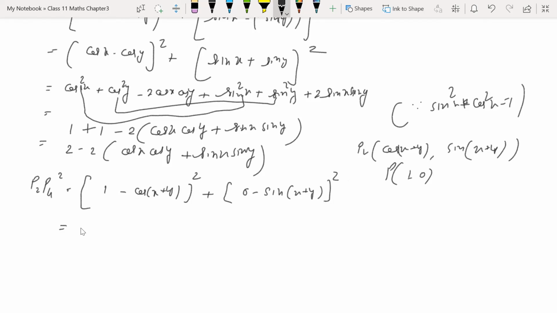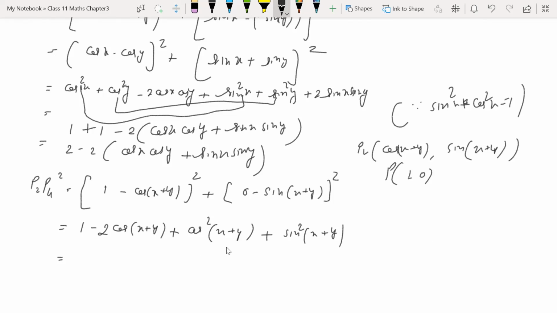Okay, 1 minus 2 cos x plus y, with the help of the simplification, we apply the formula a square plus b square minus 2ab.